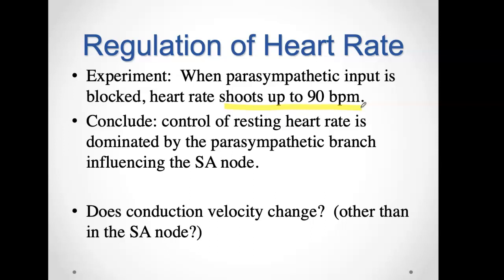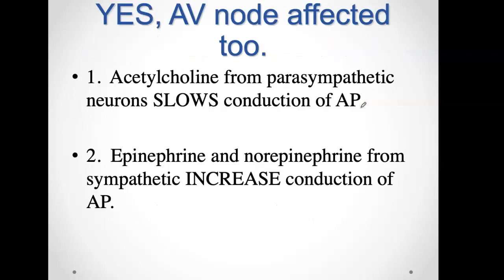Another question that comes up is, does conduction velocity change other than in the SA node? Remember SA node? The AV node is also affected. Acetylcholine is a neurotransmitter, and that neurotransmitter from the parasympathetic neurons slows the conduction of the action potential.